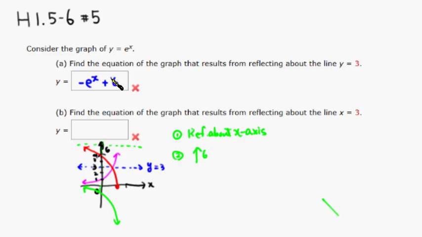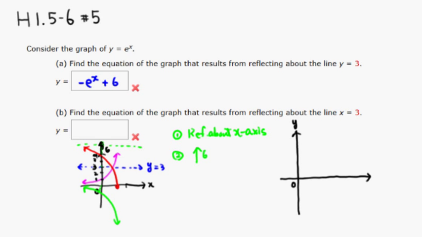For part B, we find the equation of the graph that results from reflecting about x equals 3. So that's a vertical line at 3. Let's draw a picture. There's the x-axis, and here is the y-axis.